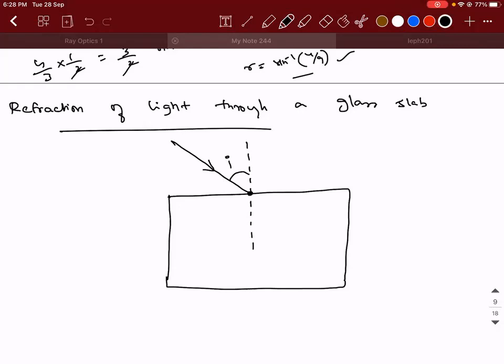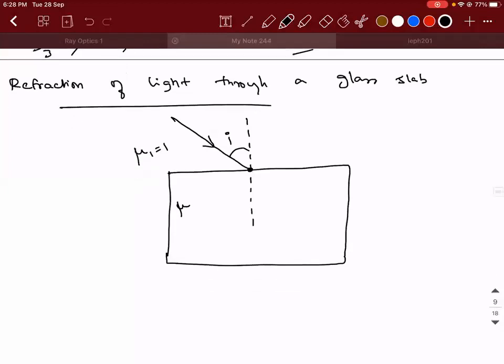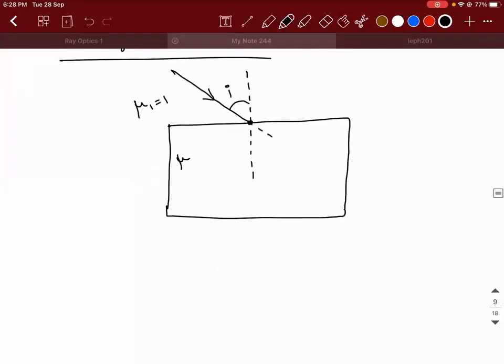Right? So the outside medium's refractive index is 1. Inside it is glass. I will call the refractive index as mu. Then when the light is traveling from rarer to denser medium, what will happen? Right, towards the normal. So it bends towards the normal.